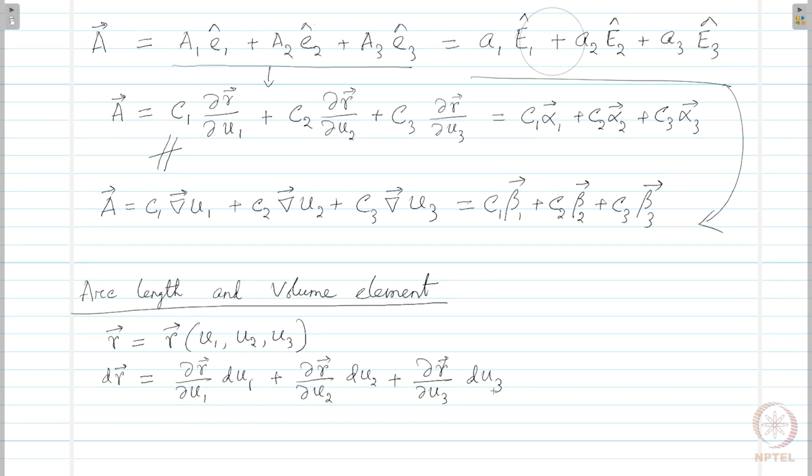which is nothing but h1 du1 e1 unit vector plus h2 du2 e2 unit vector plus h3 du3 e3 unit vector. Then the differential of arc length ds can be determined.